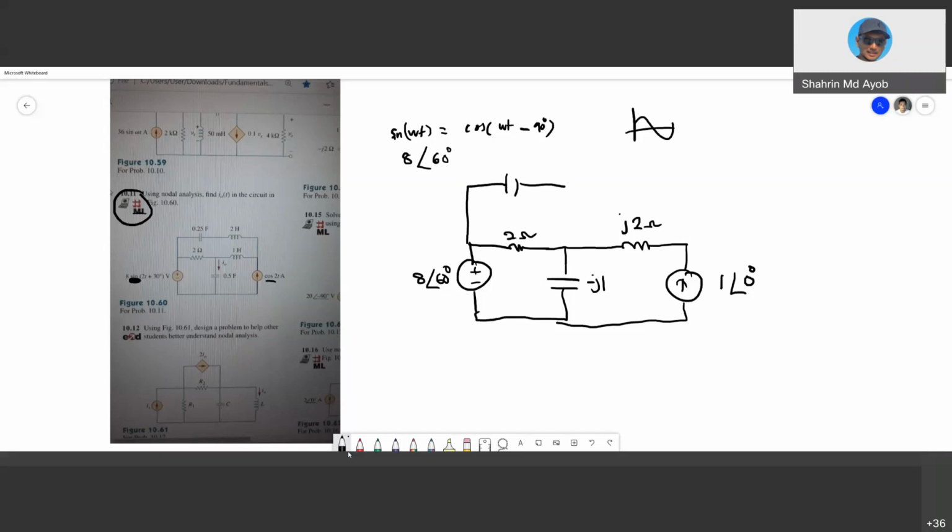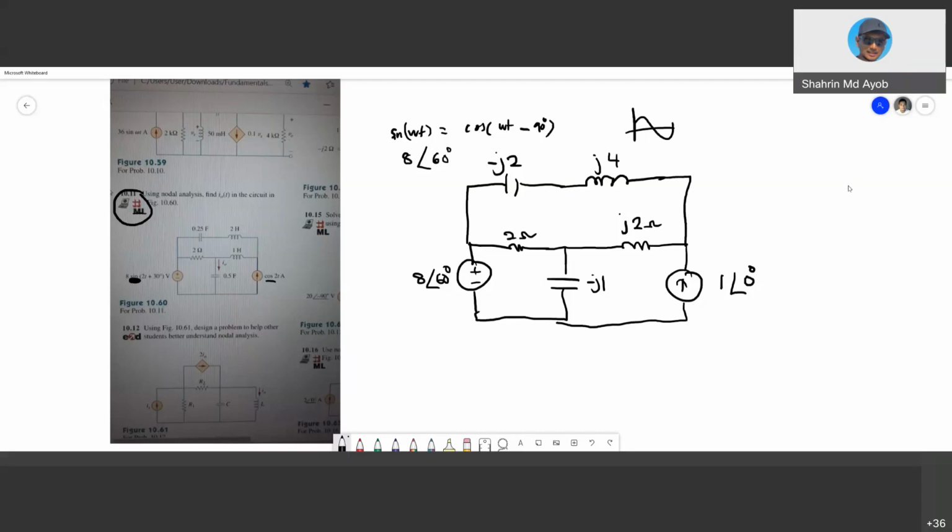So negative 0.25 multiplied with omega, which is 2, and then inverse. So this one becomes negative j2, and this one will become j4. Okay.